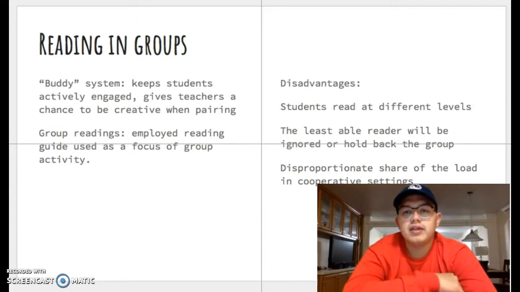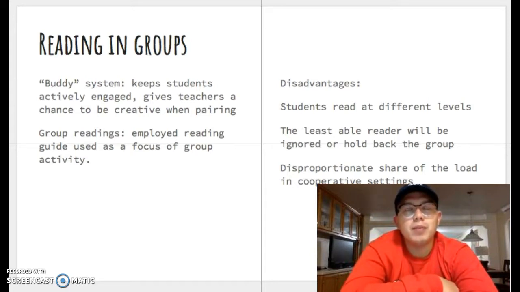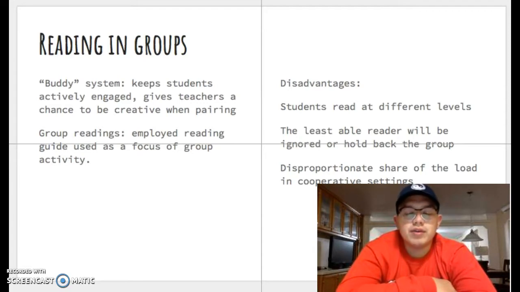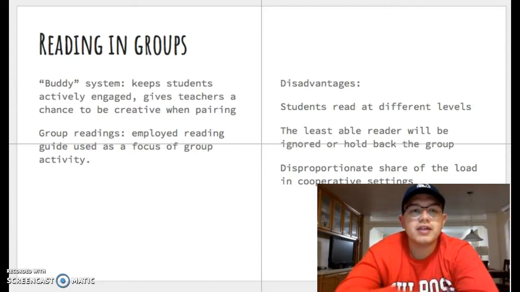Also, there is usually a disproportionate share of the load in the cooperative setting, so one student will probably be doing most of it. And the poor reader is usually just ignored because he's probably a little slower and the other readers will catch on much faster.